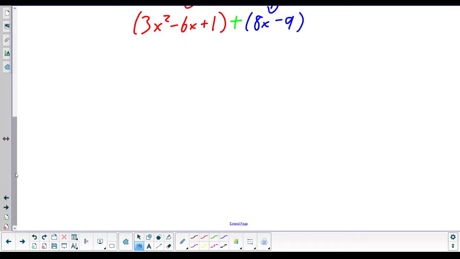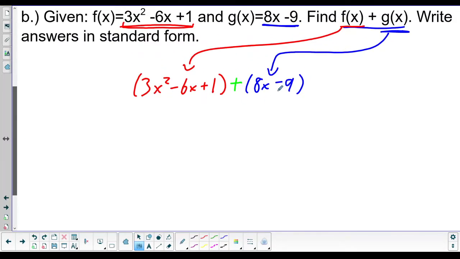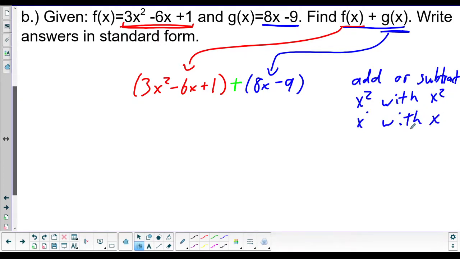Now, all we have to do here is combine our like terms. And what that means is we add or subtract x squareds with x squareds, x's with x's, and then numbers with numbers.